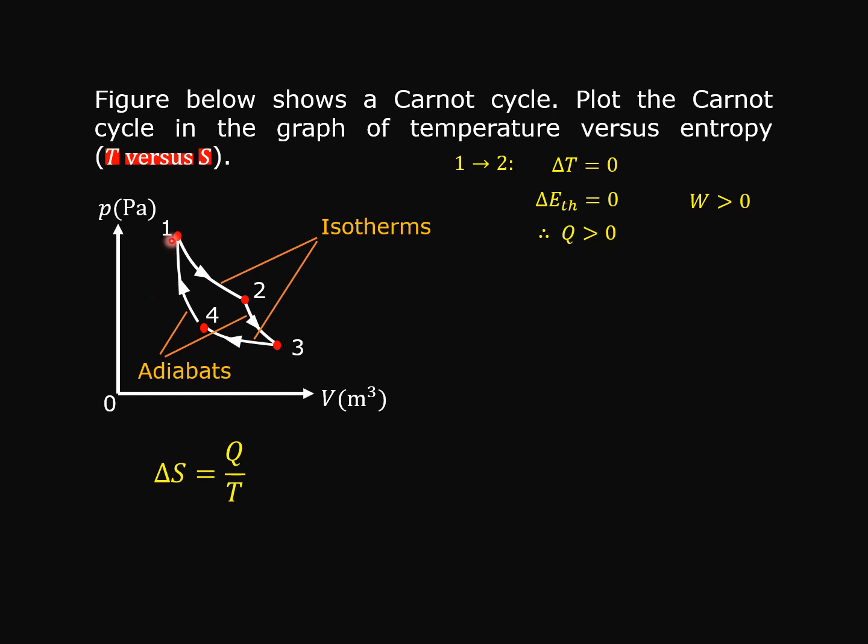And from 1 to 2, this is the isothermal expansion. When the gas expands, the work done by the gas will take a positive value, so W is larger than 0.